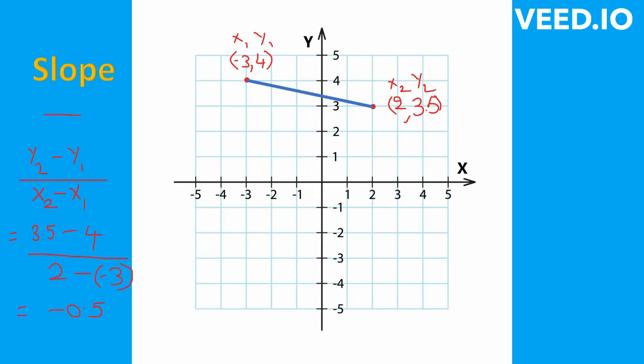So this is minus 0.5 by 2, minus of minus is plus, 2 plus 3. So the slope is negative 0.1.